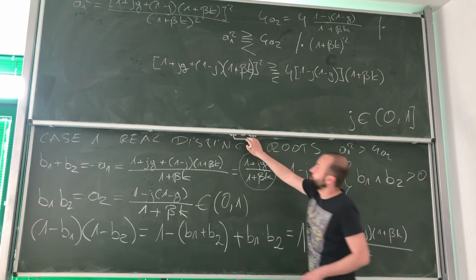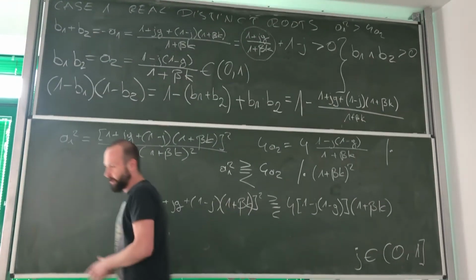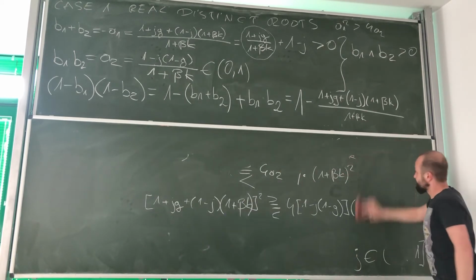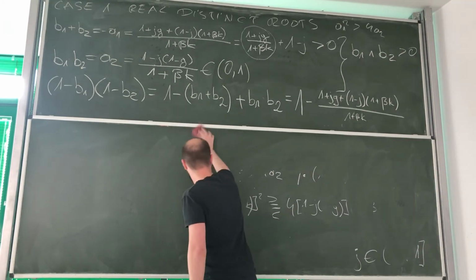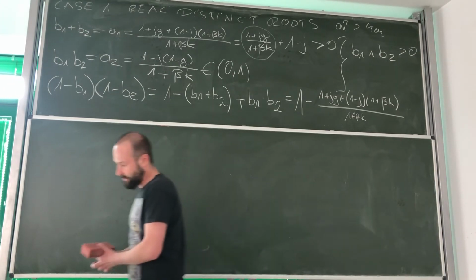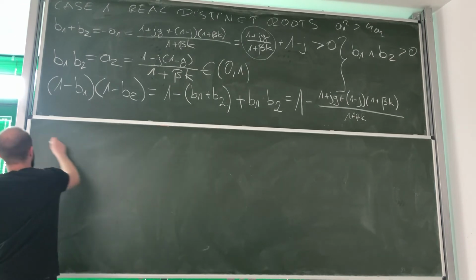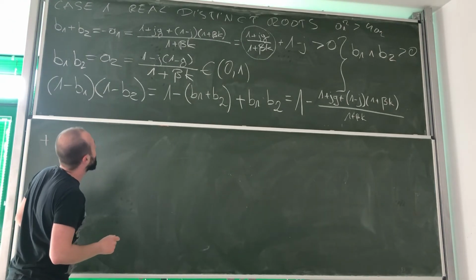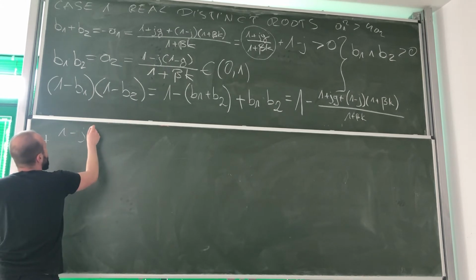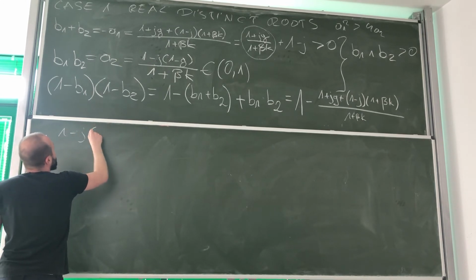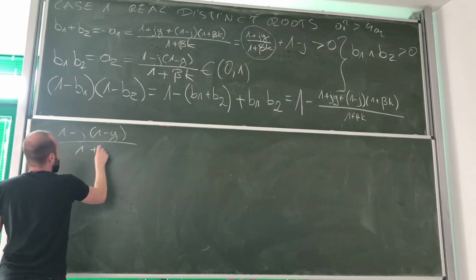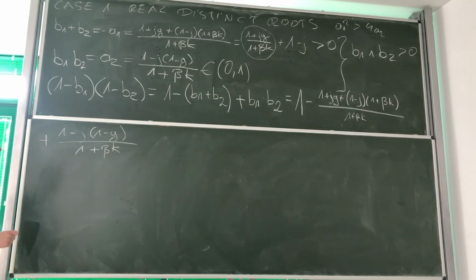Okay, and unfortunately I'll have to continue over here. Okay, and finally we've got this plus (1 minus j) times (1 minus g) over 1 plus beta k.